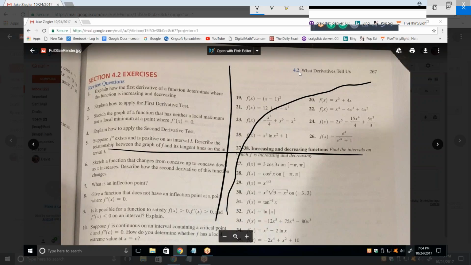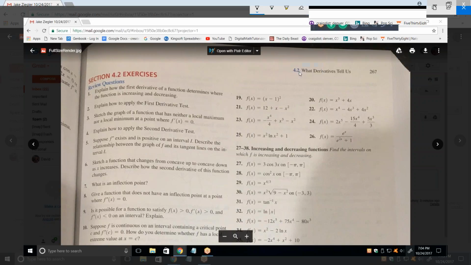Yeah, I suppose it is. No, you're right. In other words, when the slope's decreasing, the first derivative is decreasing. And when the first derivative is decreasing, the second derivative is negative. And when the second derivative is negative, it's concave down. Sometimes it's not so easy to tell concavity.